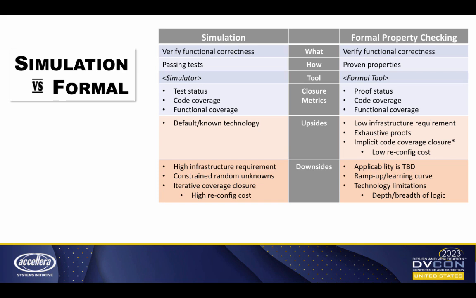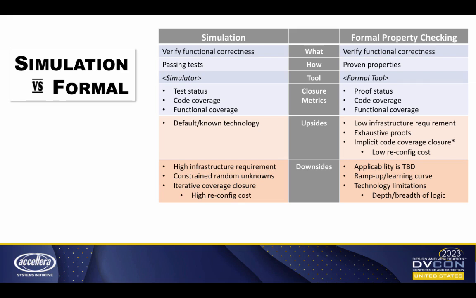Upside of formal property checking, I think relatively speaking, there's a low infrastructure requirement. You get proofs that are exhaustive, so you're exhaustively proving outcomes, and you have what I'm calling implicit code coverage. So formal tools give you the opportunity to explore configuration space.